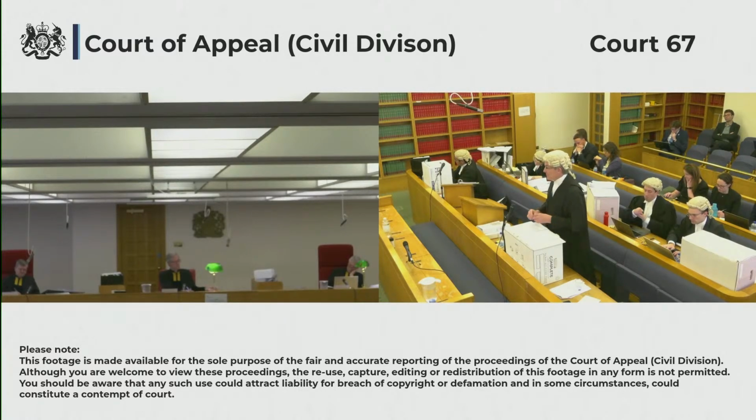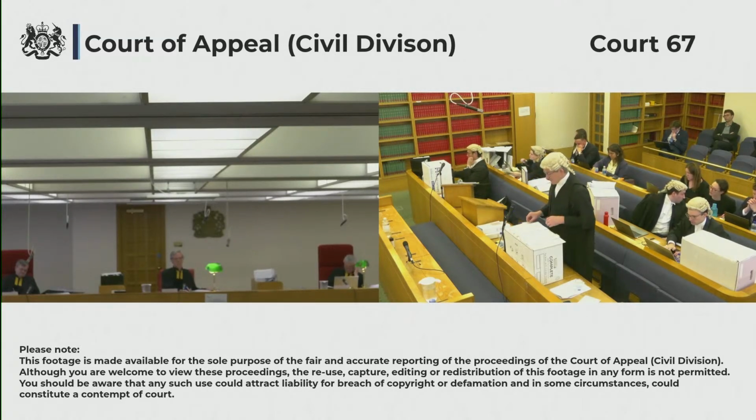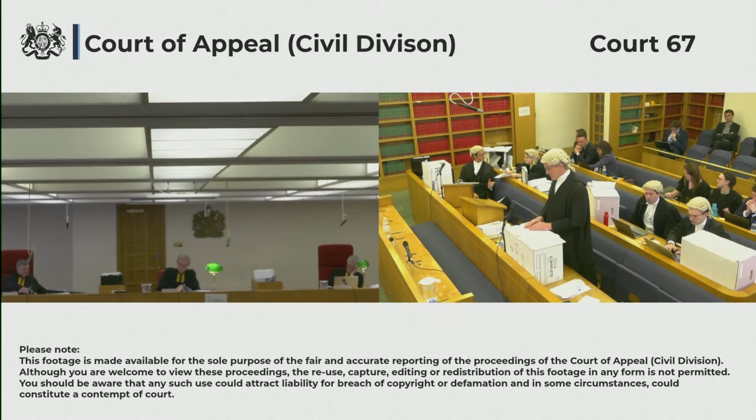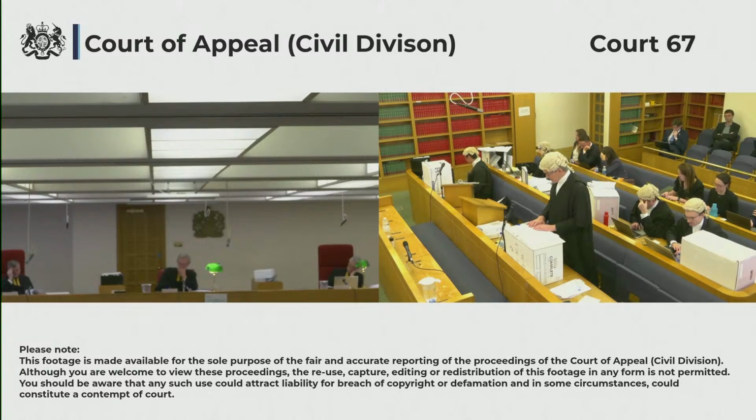Our ground 3 is linked very closely to the points that have now been canvassed in detail before you. For certain claims which were purporting to represent the estates of deceased persons without English grants, the judge declined to strike out. This is the carve-out that the court discussed on the first day. The claimants argued that for these claims, the purported representative also suffered damage in their own personal right.